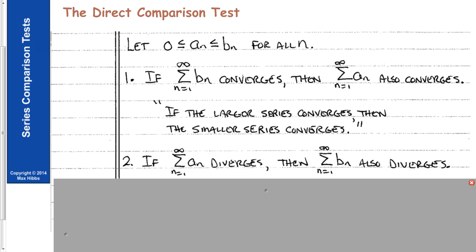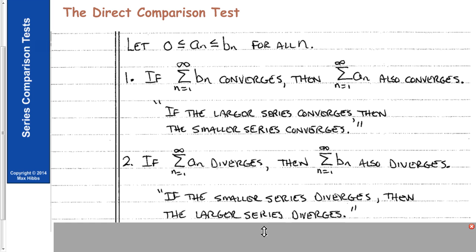Another way to say this is, if the smaller series diverges, there's no way for the larger series to converge because it has to be bigger. So the larger series also has to diverge. If the smaller series diverges, then the larger series diverges. If the larger series converges, then the smaller series converges.